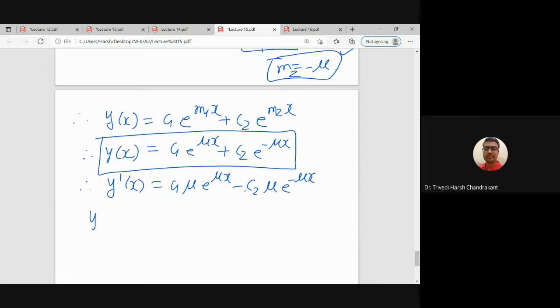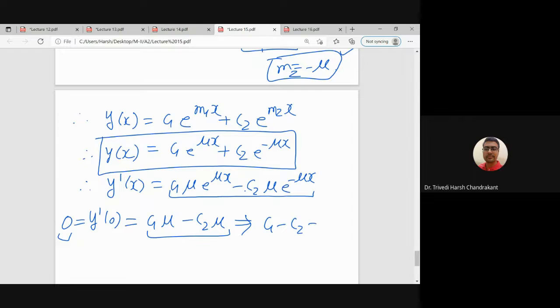So y dash at 0 is 0 gives us, if you substitute x is 0, c1 mu minus c2 mu, and mu is non-zero, so we can take mu common and cancel it out on both sides.